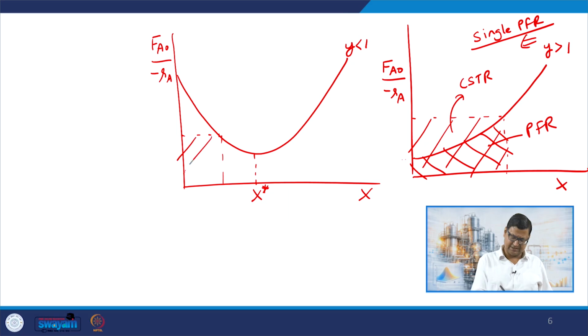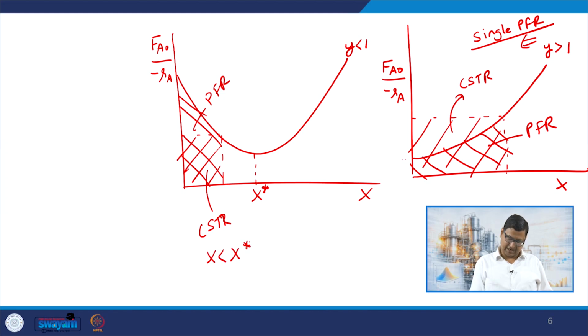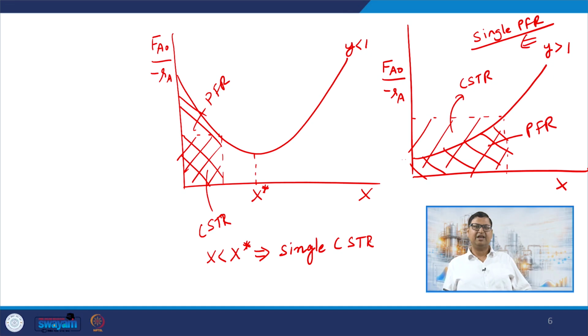So, in this case, this is what we get for a CSTR, and the area under the curve is clearly higher for the PFR, right. So, for x less than x star, it is clearly again going to be a single CSTR. On the other hand, if we have x higher than x star, in that case again beyond x star a PFR is again advantageous, right.